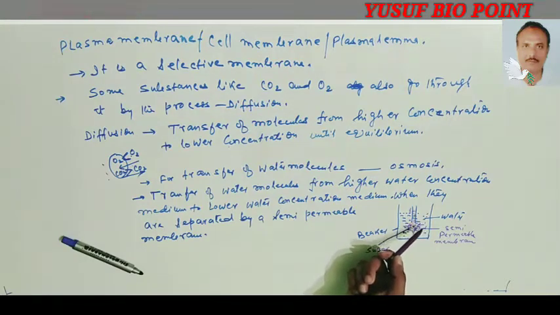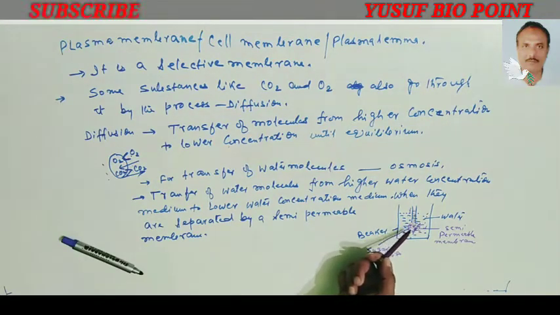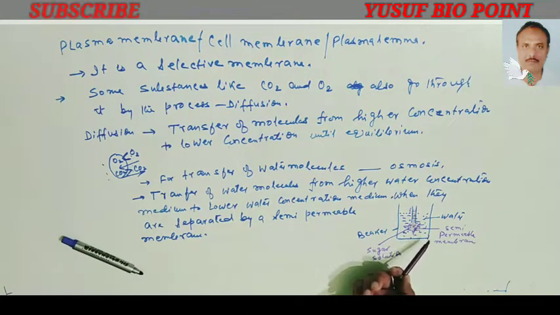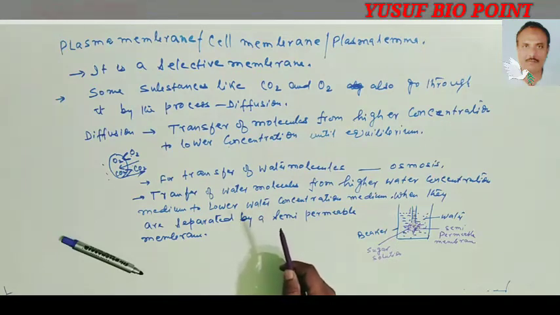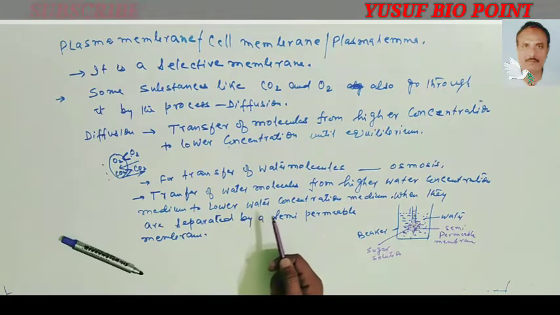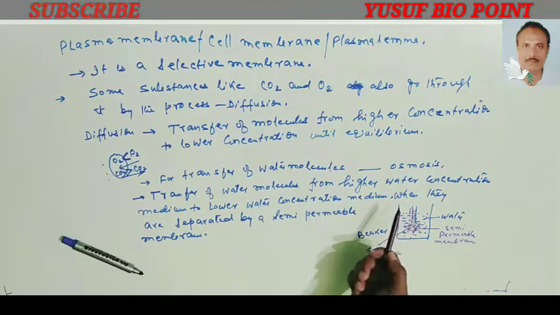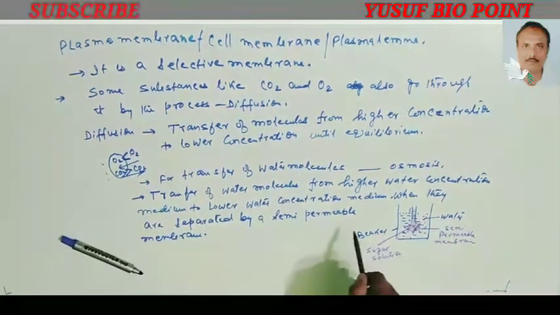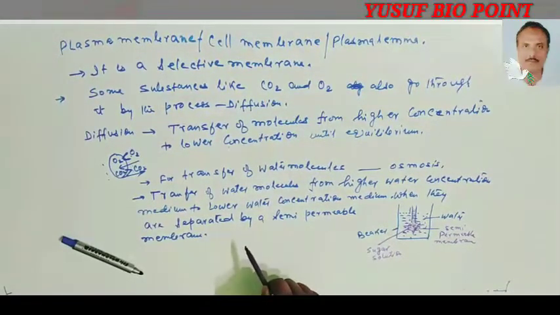So from high water concentration, the water enters the low concentration medium, when they are separated by a semi-permeable membrane, and that process is known as osmosis. So osmosis is a process in which water molecules transfer from high water concentration to low water concentration. Now we shall discuss its importance.